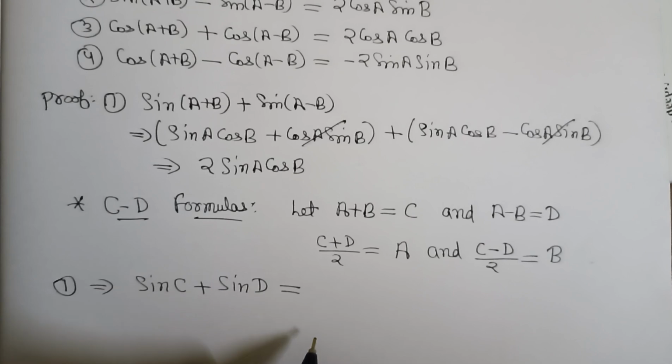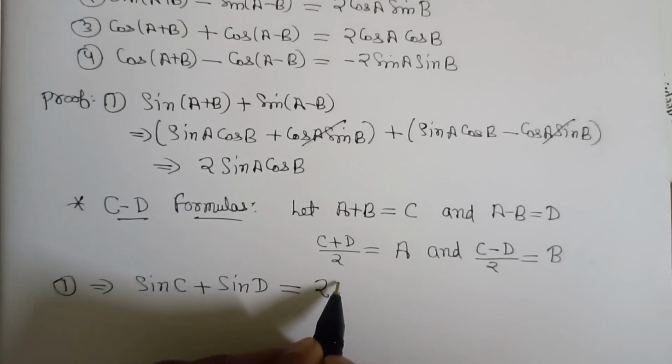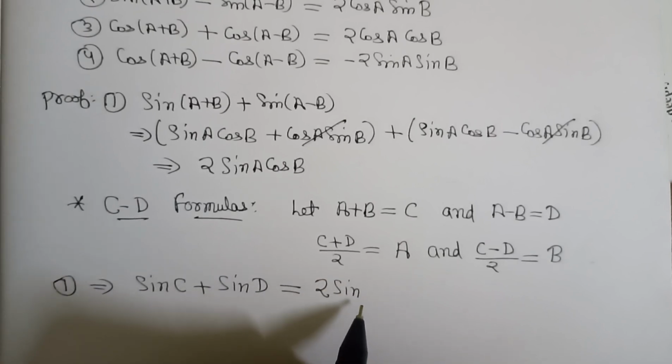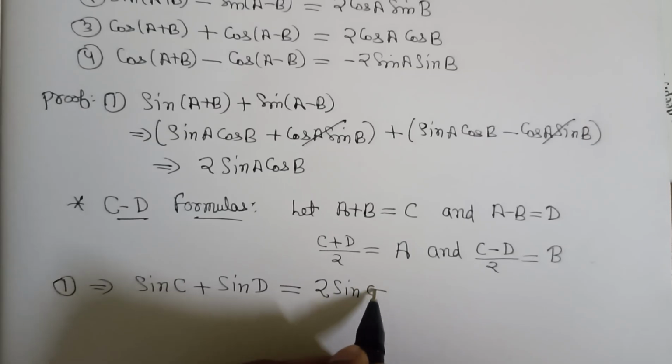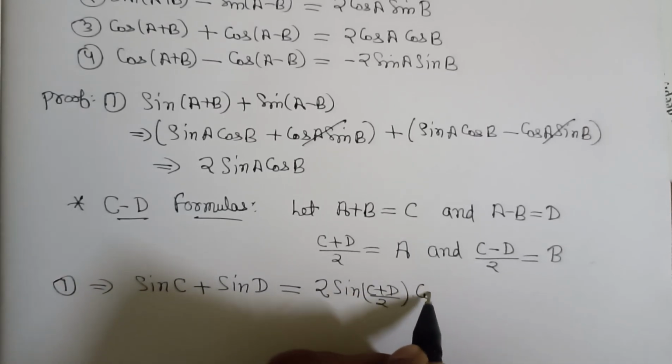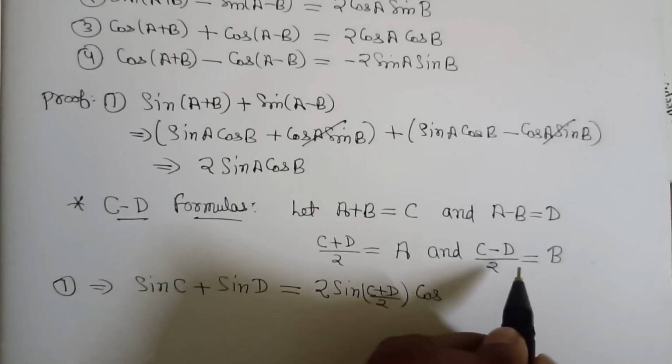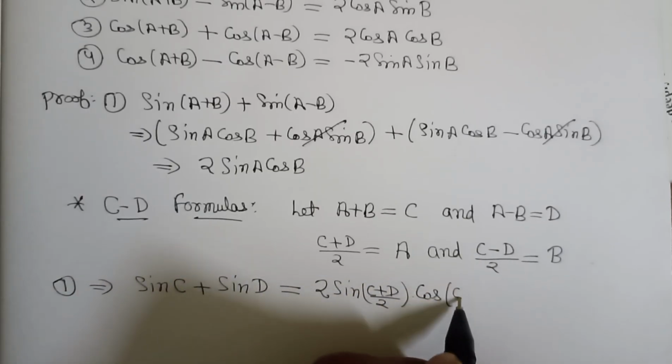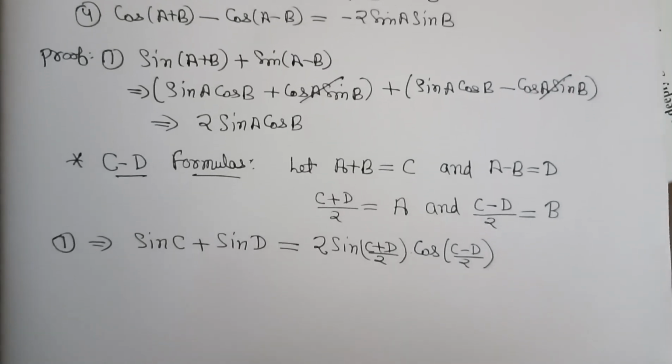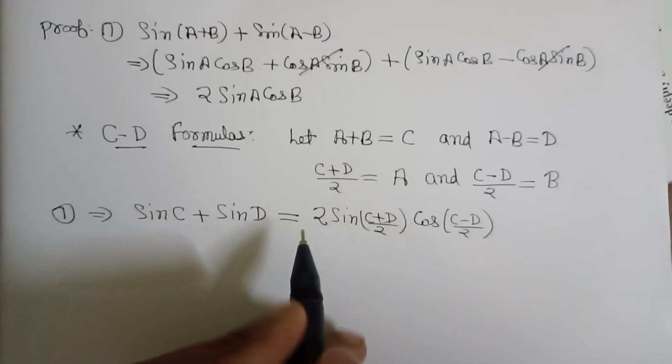So sin c plus sin d will be equal to 2 times sin A, where A is (c+d)/2, and cos B, where B is (c-d)/2. So your first formula is converted into this formula.